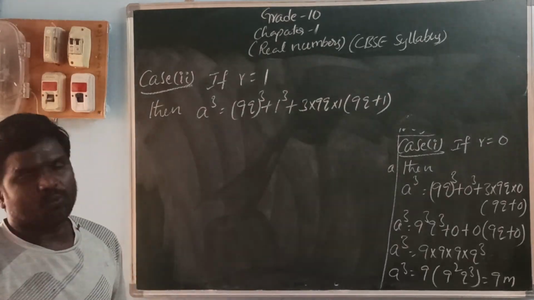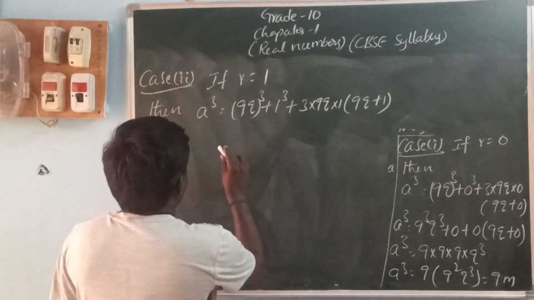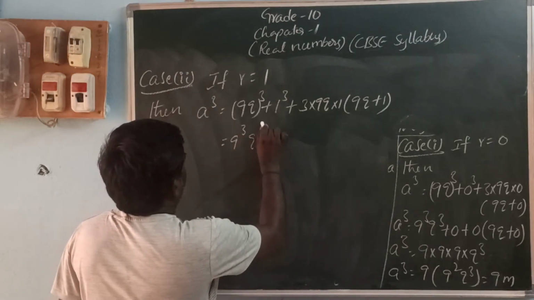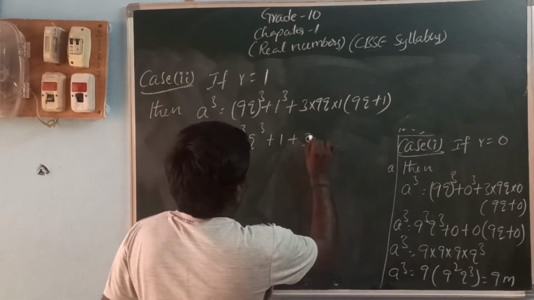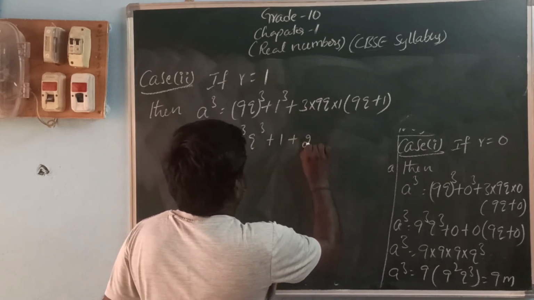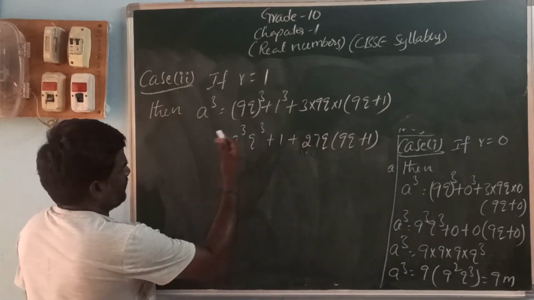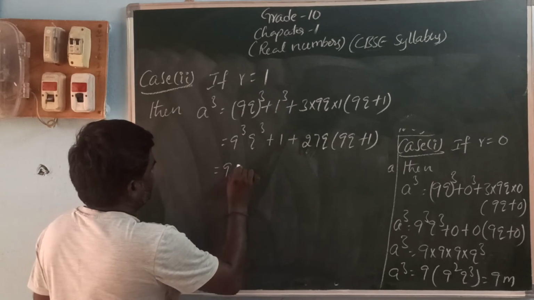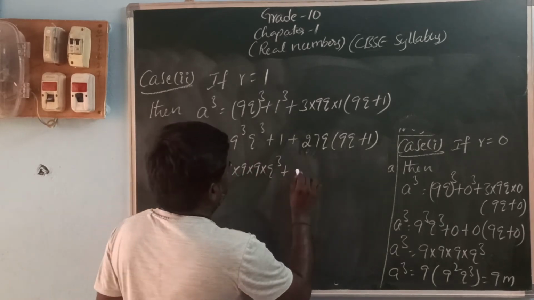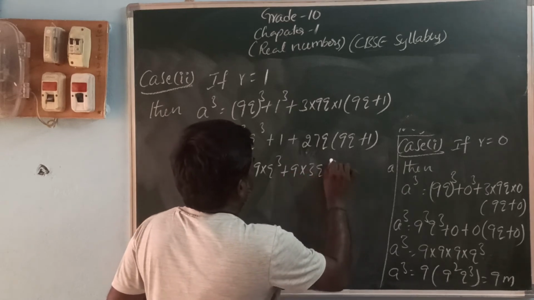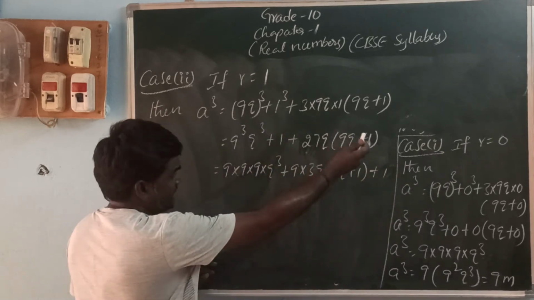Using ab whole power m equals a power m into b power m, we get 9 cube cube plus 1, and 1 multiplied with anything gives the same. 3 nines are 27, cube of 9 cube plus 1. Here 9 cube means 9 into 9 into 9 into cube. 27 we can write as 9 into 3 cube of 9 cube plus 1, plus 1.